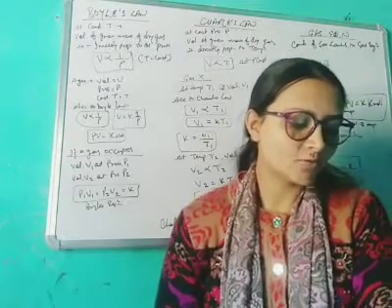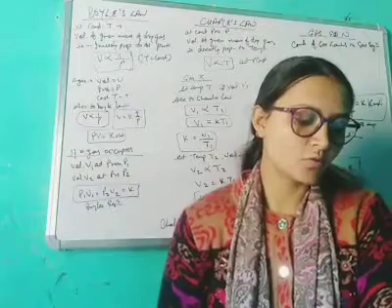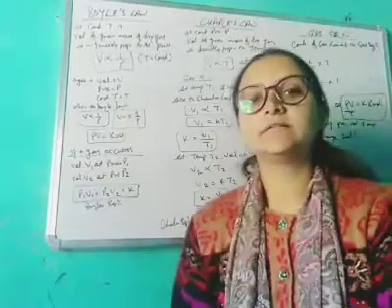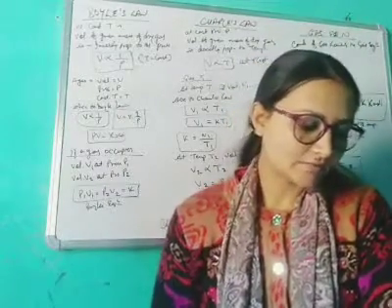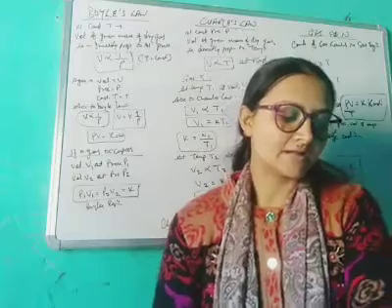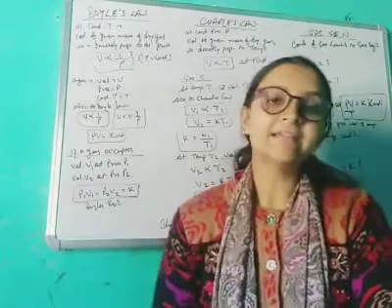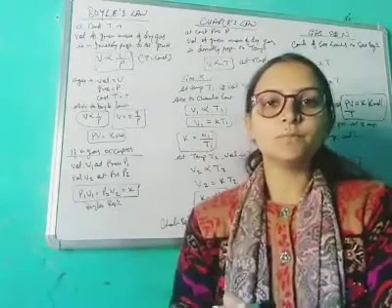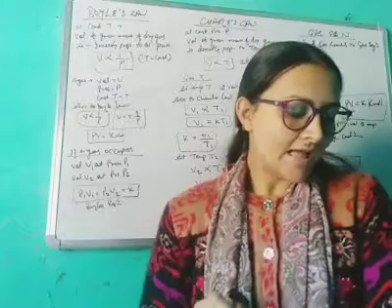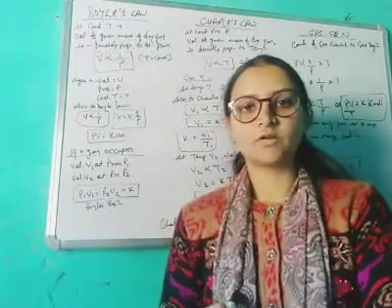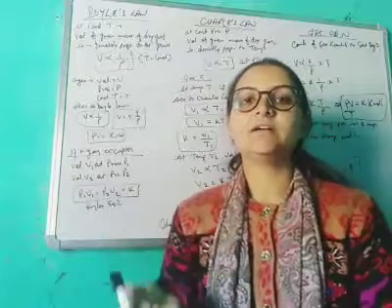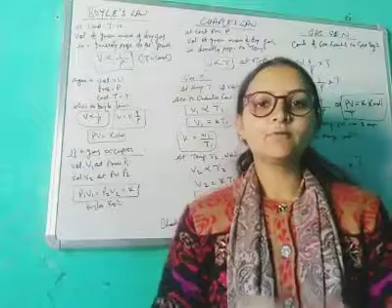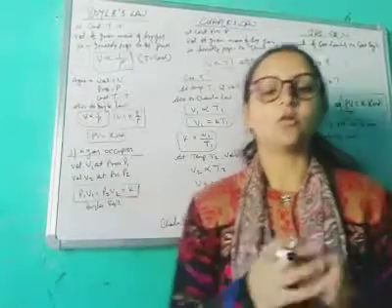He found that at constant temperature, the volume of a fixed mass of gas decreases as the pressure is increased. Okay, if we increase the pressure, the volume decreases. If we remove the pressure, the gas will expand and the volume will increase.